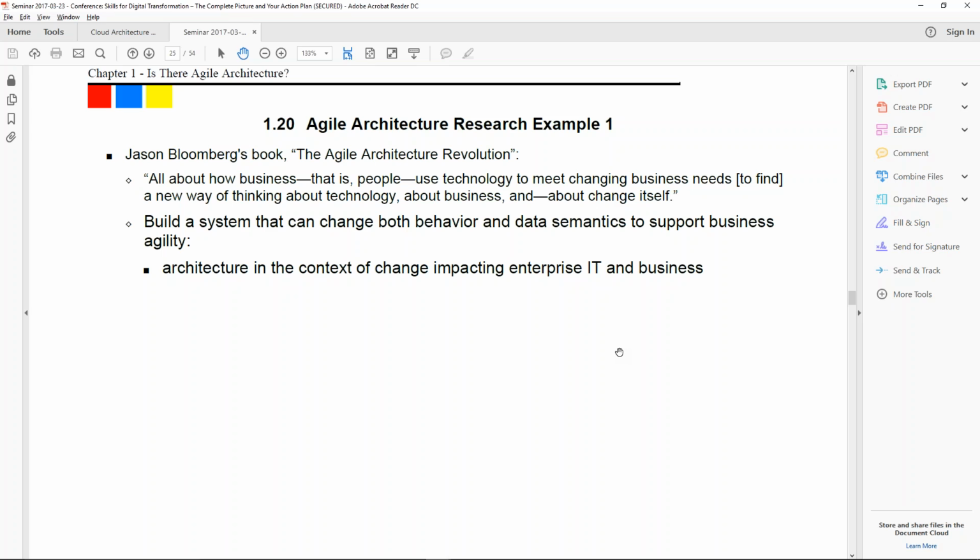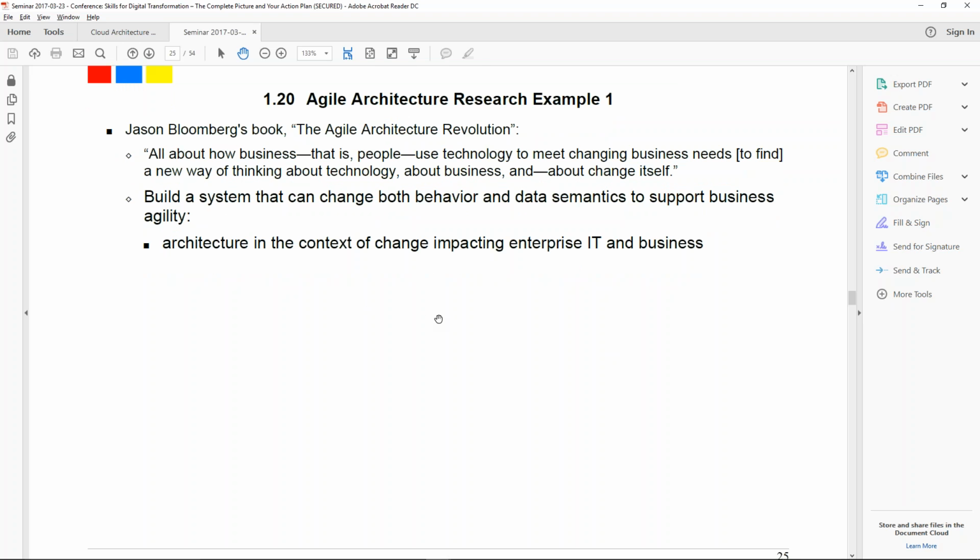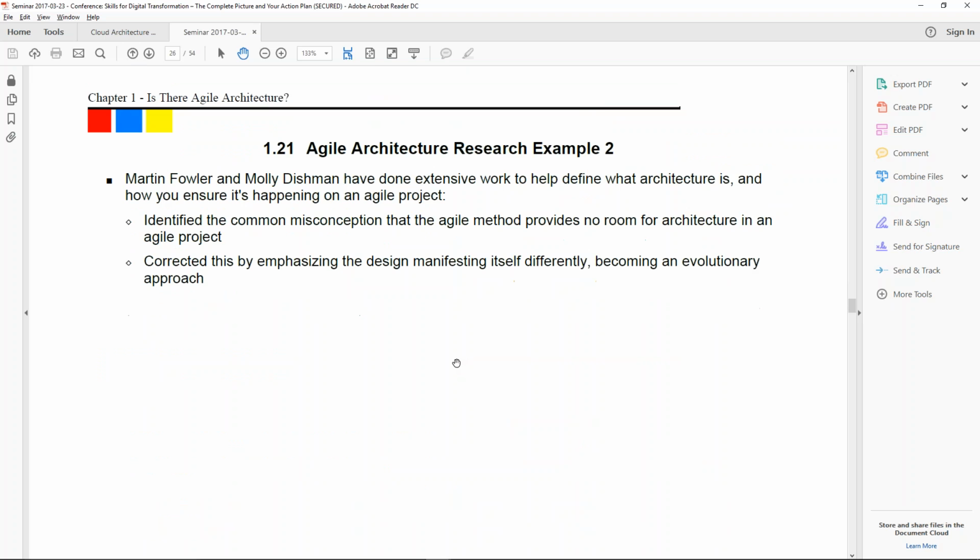So the ability to make changes to behavior and semantics is a big deal. It means that the traditional architecture role of I would like to optimize everything falls off to some extent. We don't have the same level of optimizing for all these other issues. We end up optimizing for my ability to handle future requirements and the ability to change.